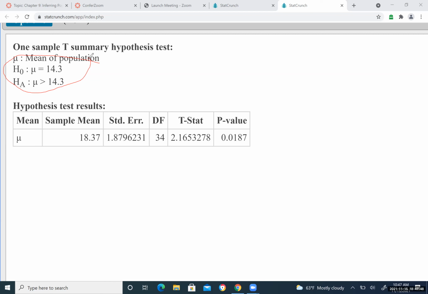Maybe it's in here. Since they compute it for us, you can see the sample mean, all of the information, the standard error, everything, and the degrees of freedom. They take 35 minus 1.